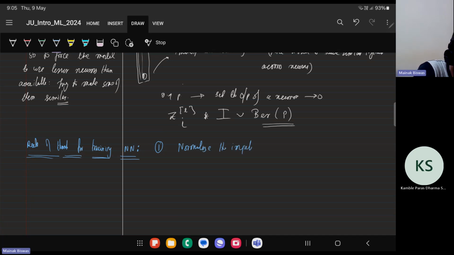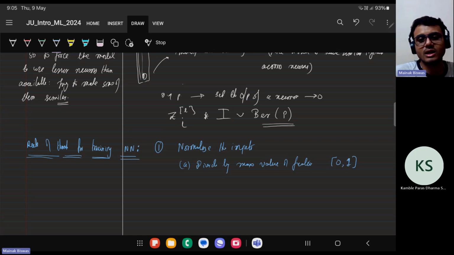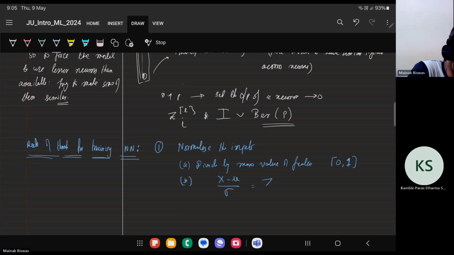So how can you normalize the inputs? Say you can divide by the maximum value of features. So you scale them between 0 and 1. What happens is that normally in computers you will have precision error. Therefore, if you have larger values, they will just blow up and you will get floating point errors. You can also use x minus mu by sigma as a norm.